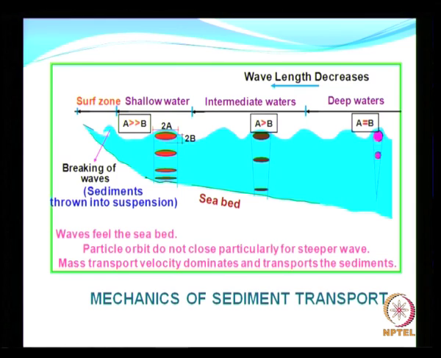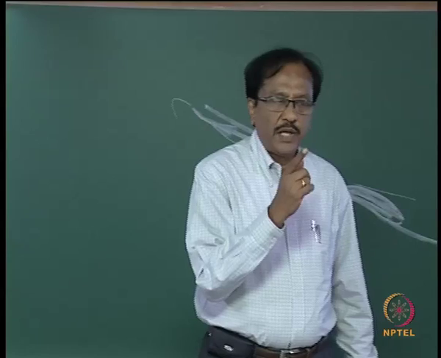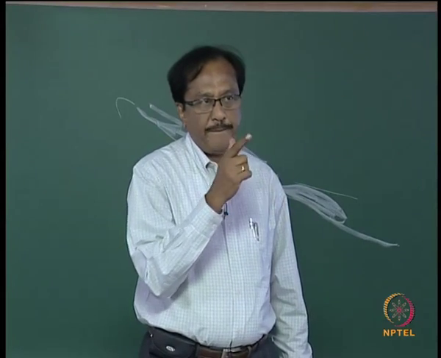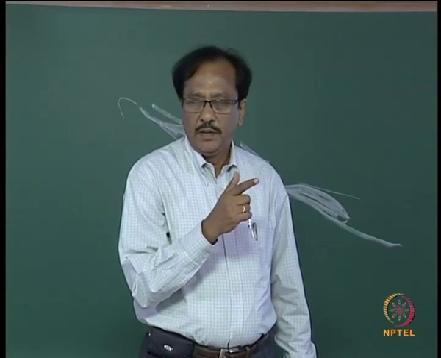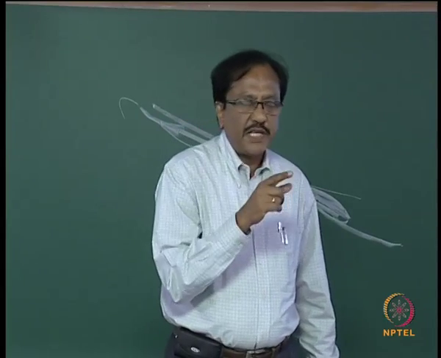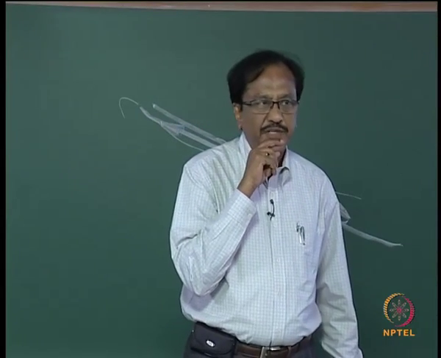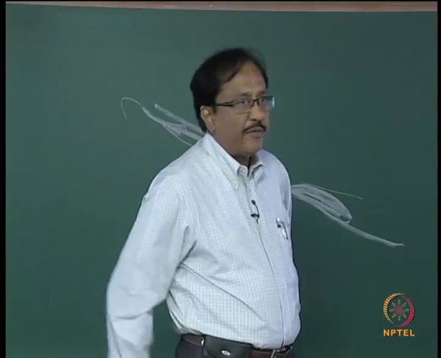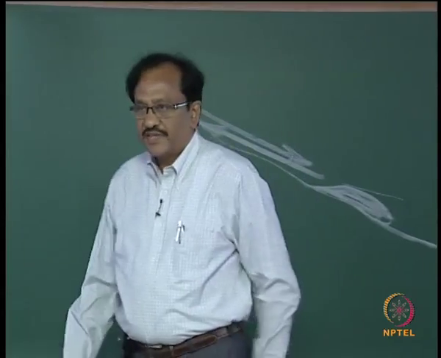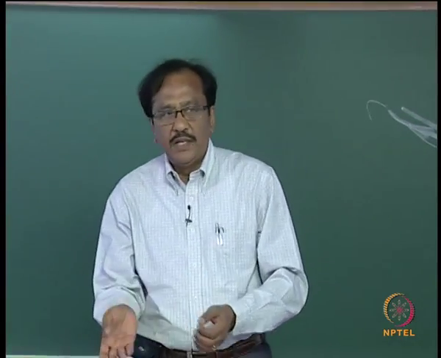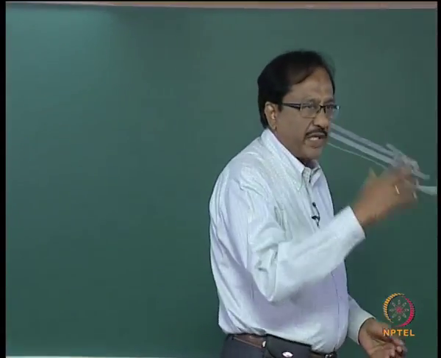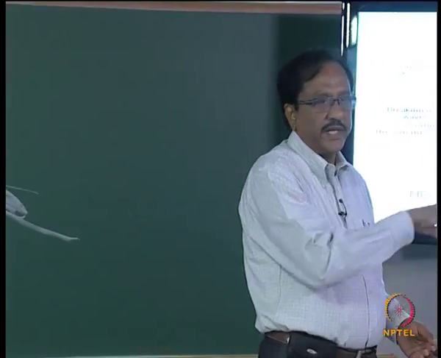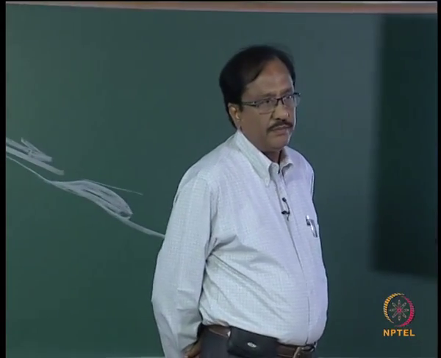And when it is moving, it is going to now feel the effect of the mass transport velocity. What does the mass transport velocity do? The phenomenon of mass transport velocity is some amount of mass being transferred in the direction of wave propagation. So the sand which is picked up from the seabed is now subjected to gradual motion in the direction towards the coast.